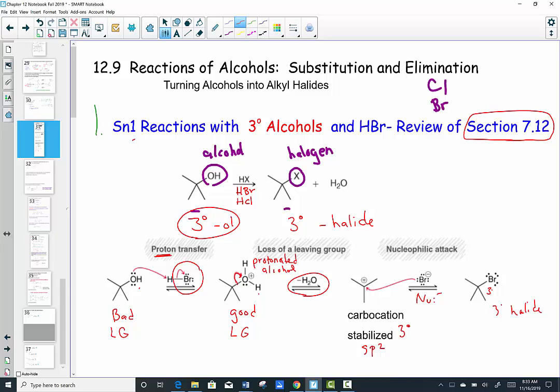If we're given a tertiary alcohol, simply add across an HX, or let that represent HBr or HCl. You'll remove a water, simply because we had to protonate the alcohol and then let the water act as the leaving group before the bromine can add on.